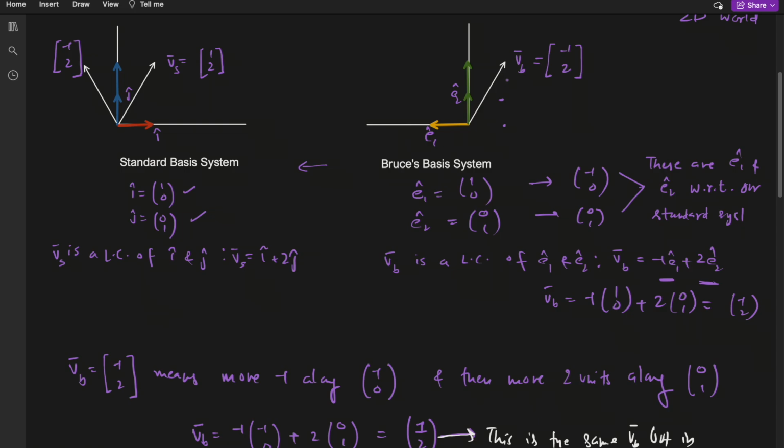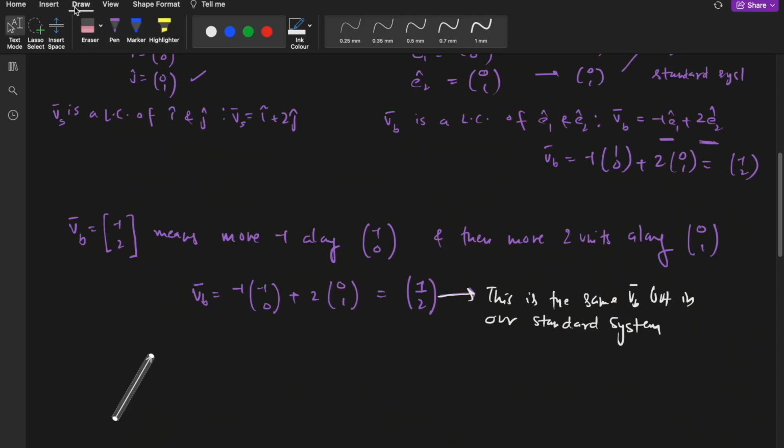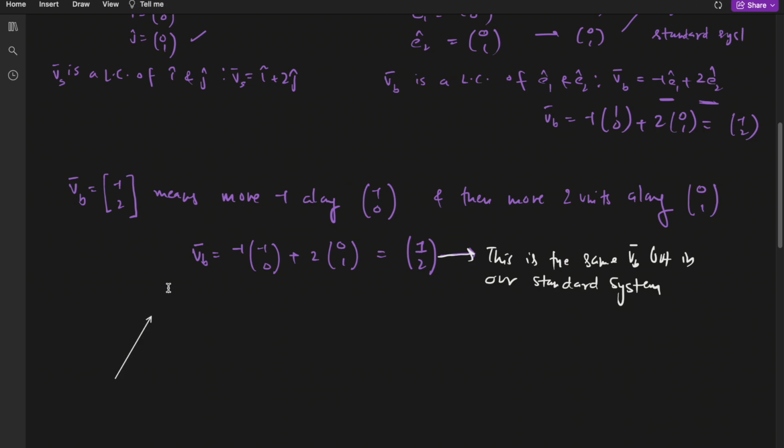But the vector V, if you see the vector V, it lies at the same location when we remove these lines. Okay, if we remove these grid lines, these x-axis and y-axis, this coordinate system, and we just see this vector V, then it is lying at the same location. So no matter which basis set we are using, because the origin is fixed.